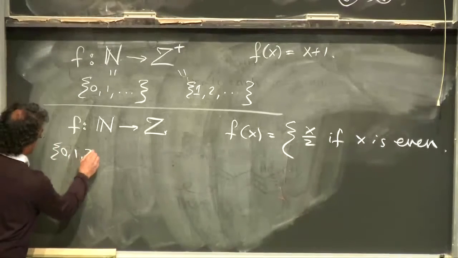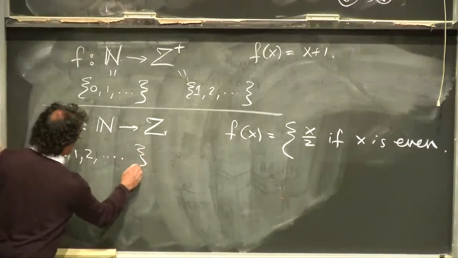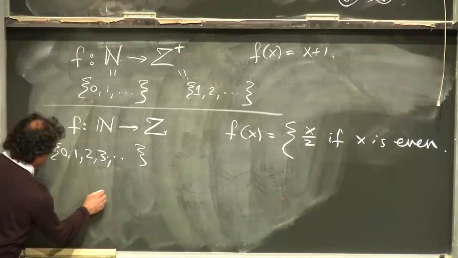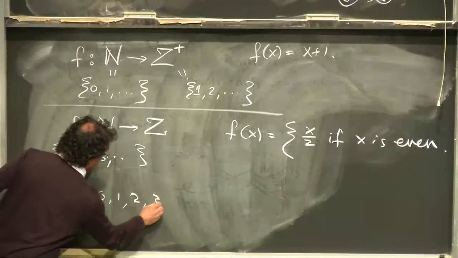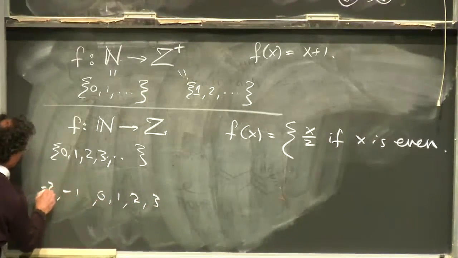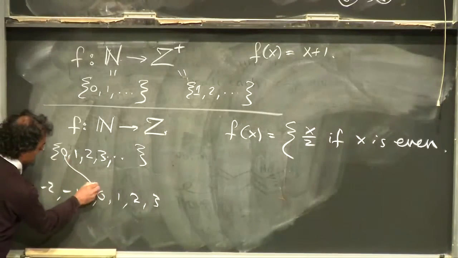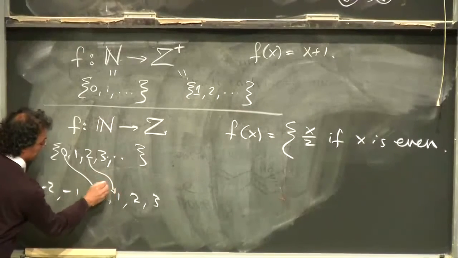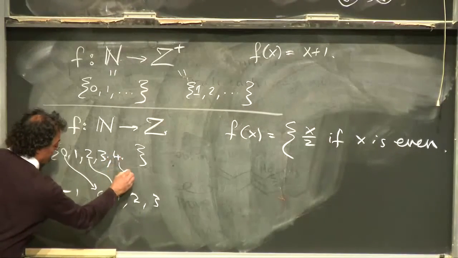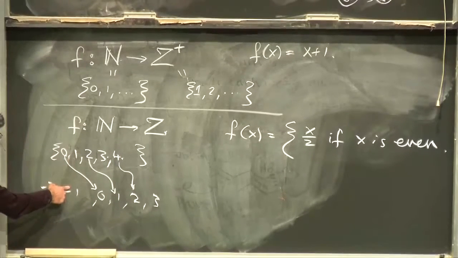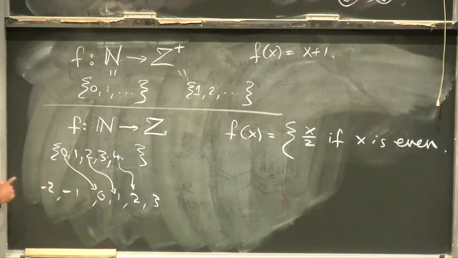So we have 0, 1, 2, ... and we are mapping it to 0, 1, 2, 3, minus 1, minus 2, etc. And so the way we are doing it is 0 is getting mapped to 0, 2 is getting mapped to 1, 4 is getting mapped to 2. And now we want 1 to go to minus 1, and 3 to go to minus 2, and so on.